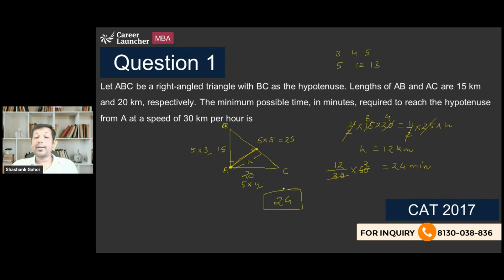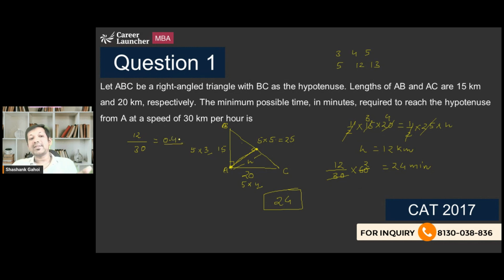And remember this thing: when we are talking about a question that is theta, in theta your answers can never be decimal. So if you are getting your answer in decimal, then kindly reread the question. What is a generic mistake that people might make in this question? If they get the answer as 12 by 30, they can write the answer as 0.4.